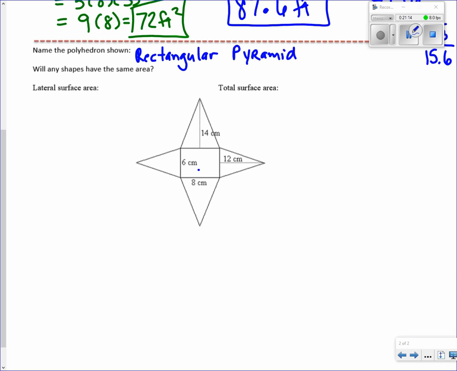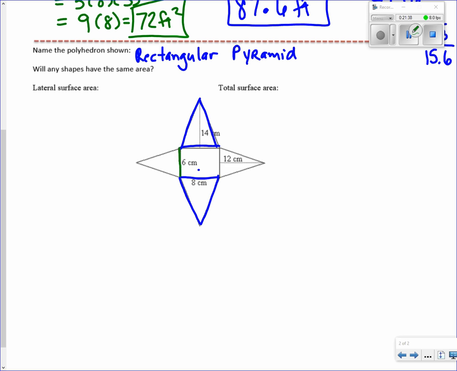All right. Will any shapes have the same area? So we know that the base will, there's only one base, but when we look, this is 8 centimeters wide. The corresponding side over here is 8. So these opposite triangles will have the same area.